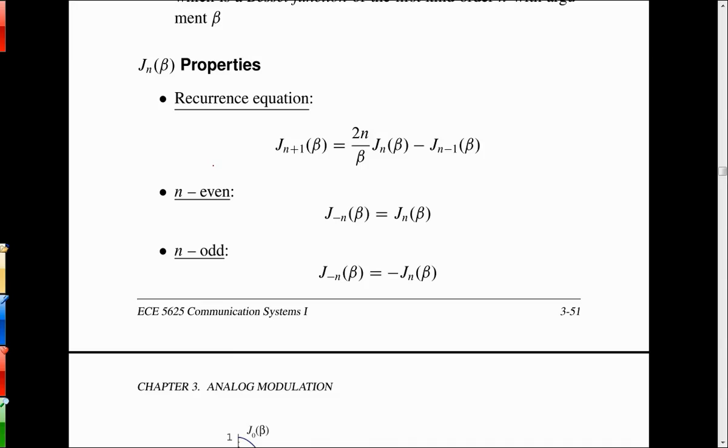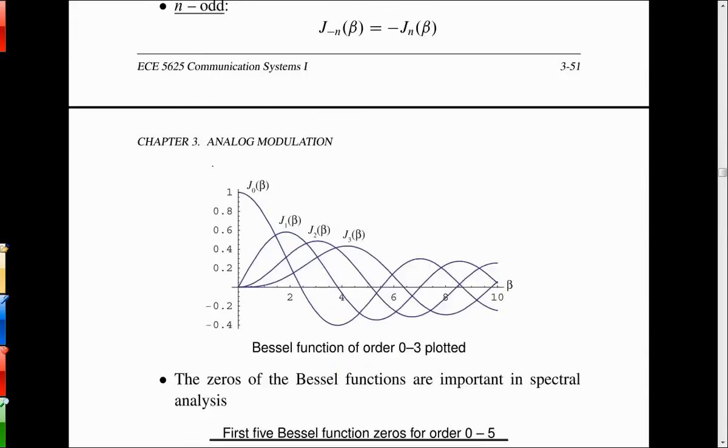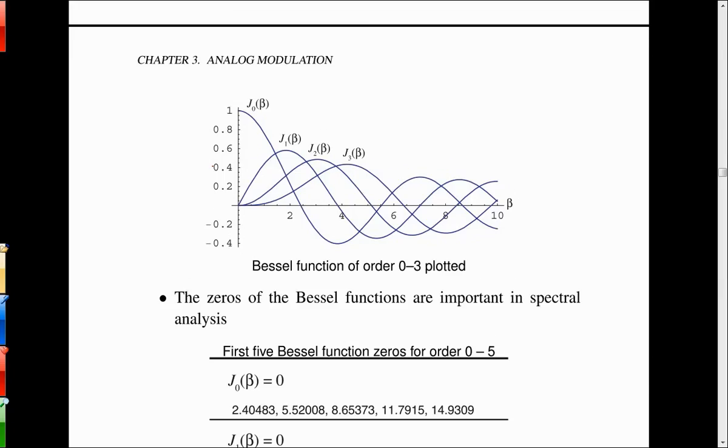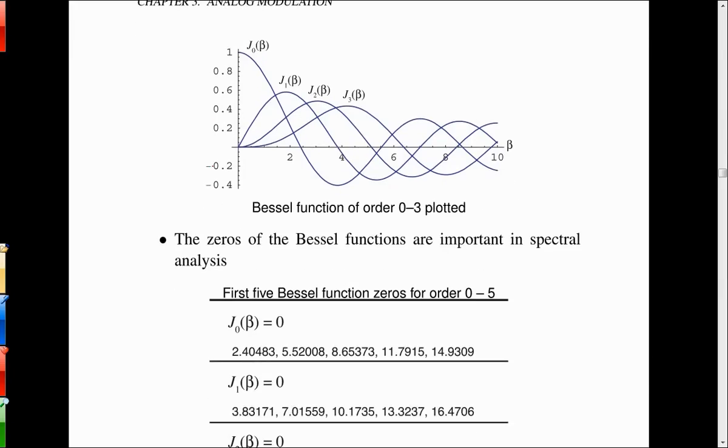It's a special function that I handed out the table for. There are recurrence relationships to go back and forth, there are symmetry properties, and so on. These are the primary properties that we need to know about. Beta is known as the modulation index. This picture is what is on the handout.